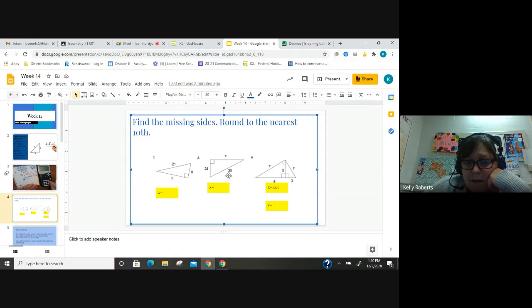The longest side is 30. It's either A or B that I'm looking for.